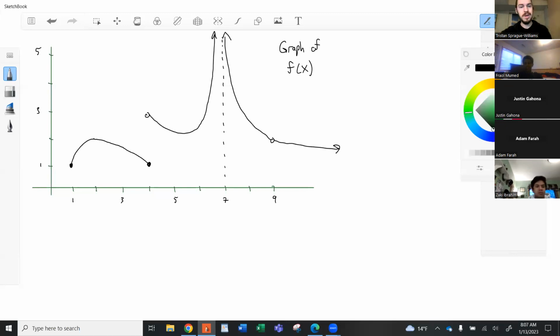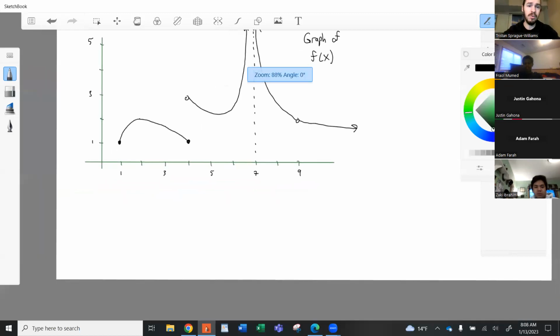So we're going to go through here, and what we're going to focus on is trying to figure out the limit of this function at different x values. And as we do this, we're going to contrast that with the value of the function, the output value, so that we can learn something about how they are related to each other.